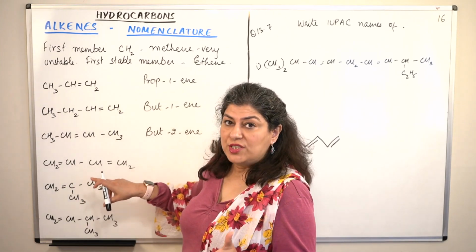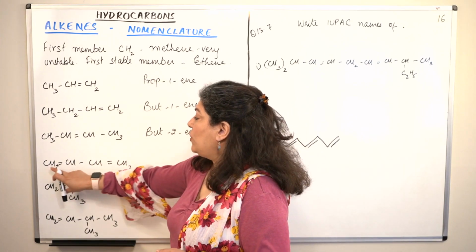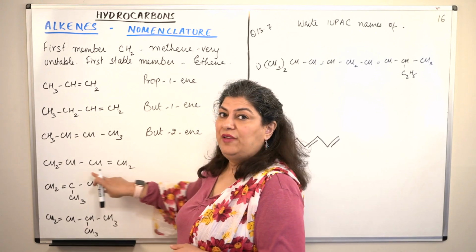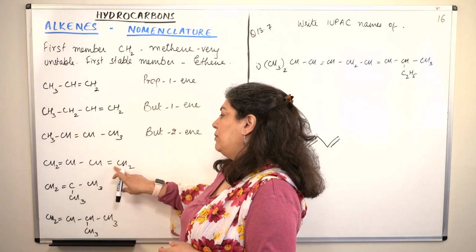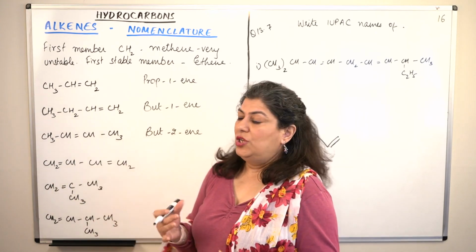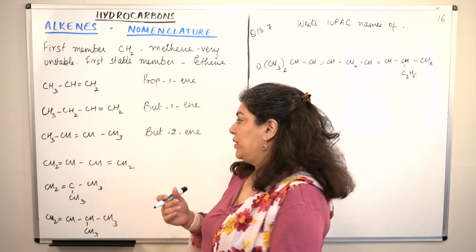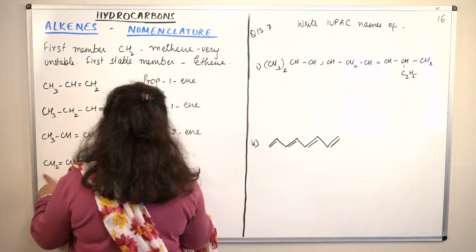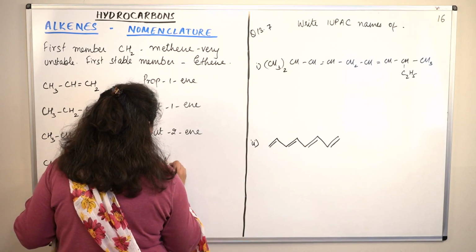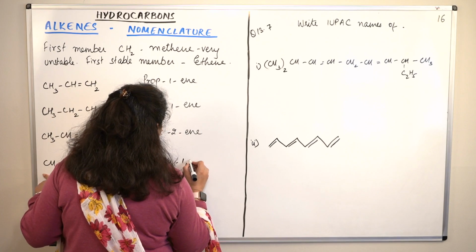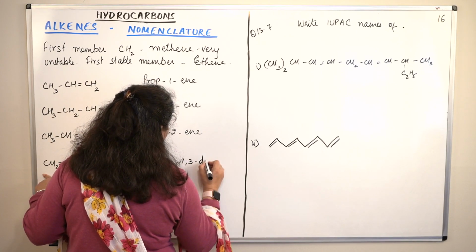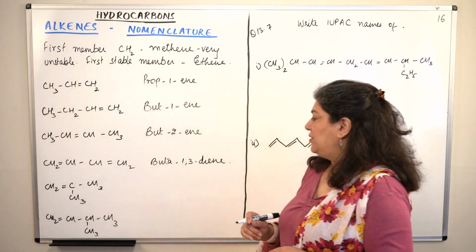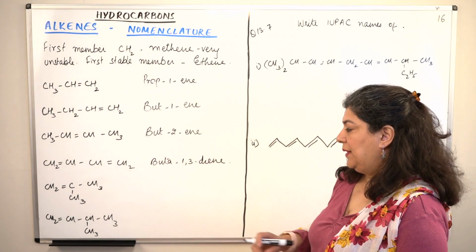What are the locants that you would be giving to the enes? If you count from this direction, the double bond is on the first carbon and the third carbon. And if I count from this direction also, the double bond is on the first and the third carbon. So either way, you're going to get the same locant. It doesn't make a difference which side you count it from. So I'll write this as buta-1,3-diene.